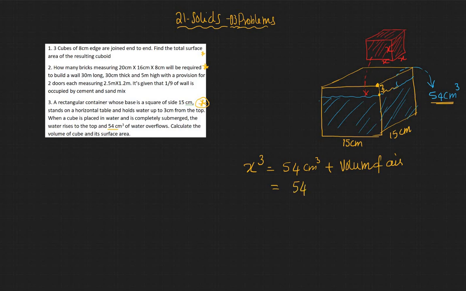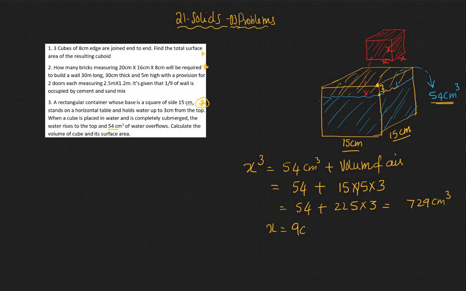So that's 54 plus 15 into 15 into 3, this into that height. That would be this volume where the water has filled in after you put in the cube. That's equal to 54 plus, oh sorry, it's not 225, it's 15 into 15 into 3, so it's 225 into 3. So that would be 729 centimeter cube, or in other words, your x is 9 centimeters, right?